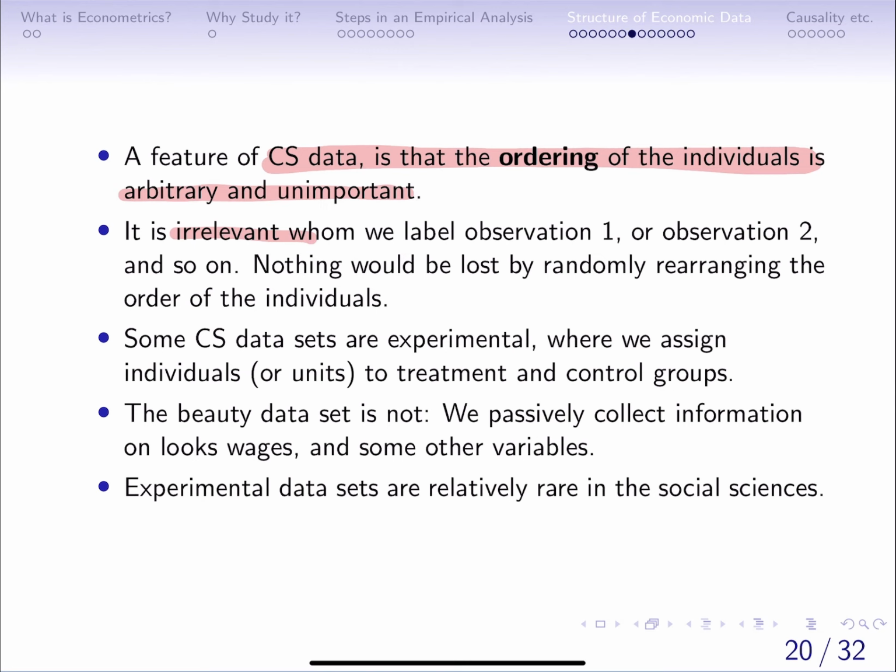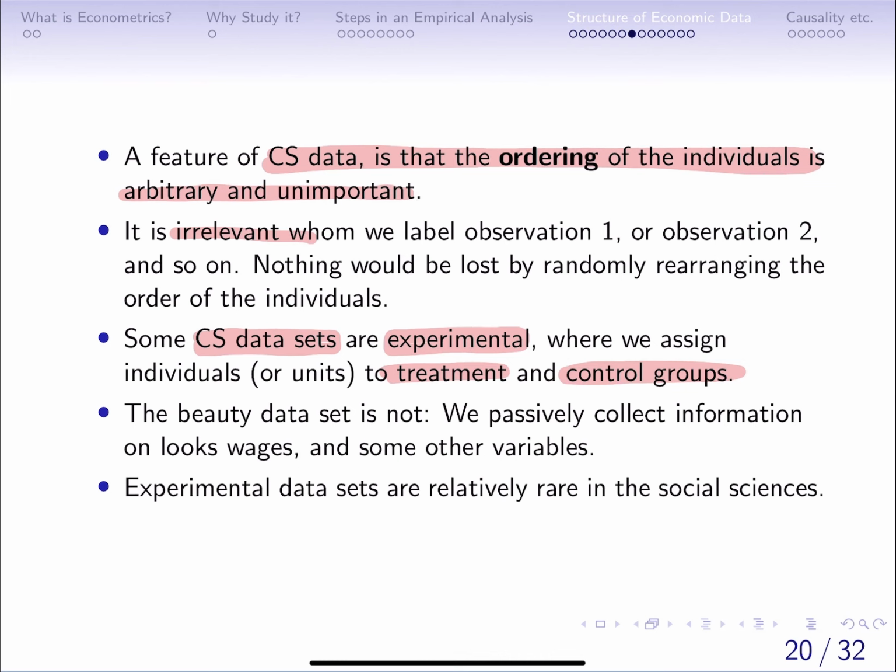Now, we may come across some cross-sectional data sets that might be experimental, right? So we talked about that before. And these are important data sets because sometimes we are able to assign individuals into treatment and control groups for our experiment.